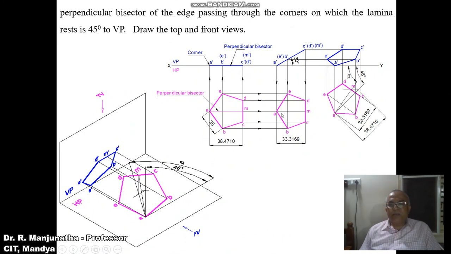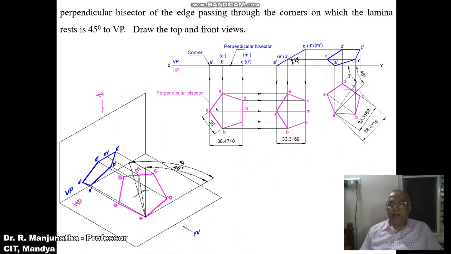Therefore, from the projections of lines, we cannot reproduce this directly in the third position, because the perpendicular bisector in the second position is in apparent length and the inclination given is true inclination. Therefore, we need to find out the apparent inclination.